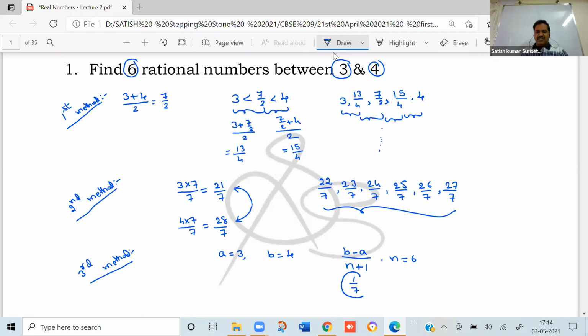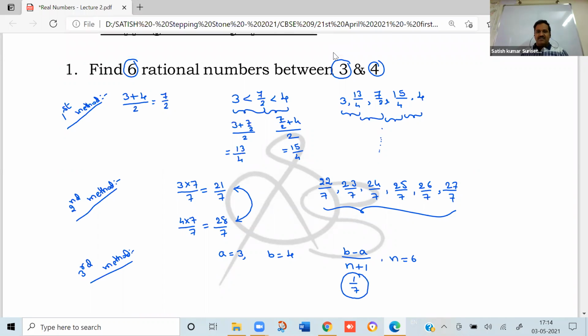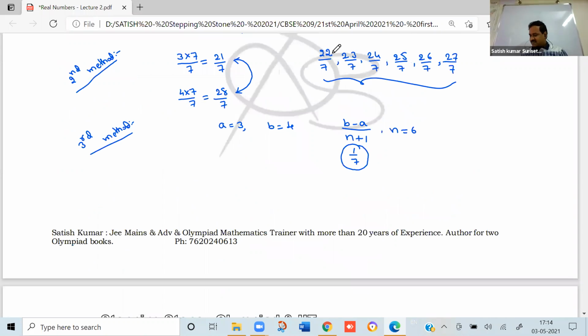This 1 upon 7, call it D, you go on adding to the first number. A plus D is one number. Next, A plus 2D, A plus 3D, A plus 4D, A plus 5D, A plus 6D. If I take A plus 7D, you'll get the next number only. So these are the 6 rational numbers.